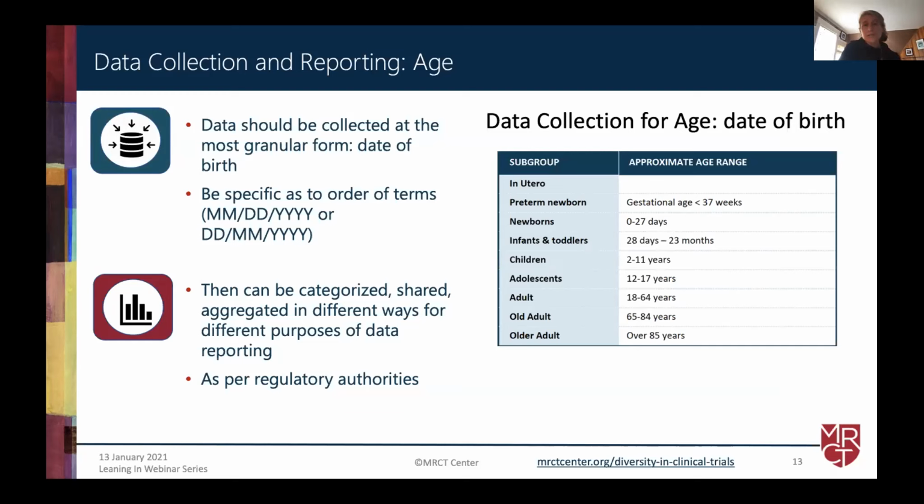But depending on your research, you may want more granularity, say if you're studying growth hormone in adolescence, or if you're studying women in menopause. In these two cases, having more granularity around age can allow for more interoperability later on. Next slide.